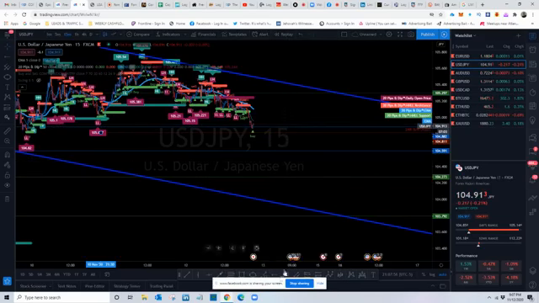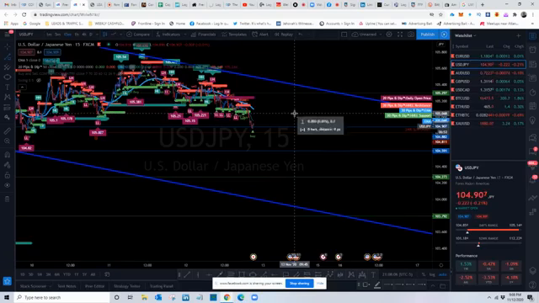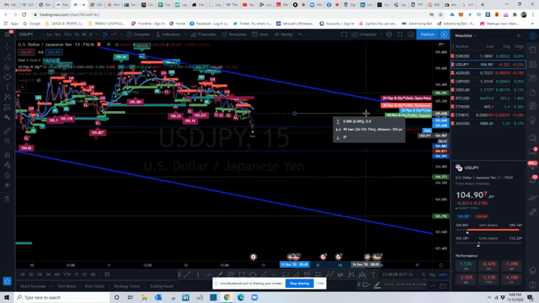Then the next thing I'm going to do is take my info line and draw up my stop loss. So I'm probably going to put the stop loss maybe up here. All right. So then this matches up with the price of $105.48. Well, really 105.044.